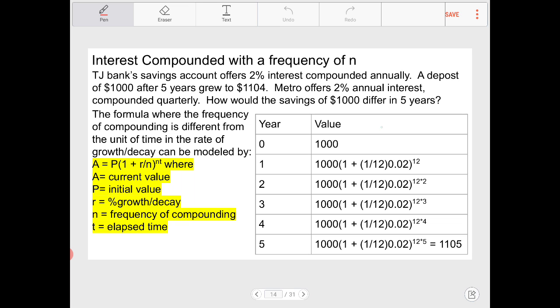Before, we had P times 1 plus r to the t, where r was the interest rate, let's say some percent per year, and t was also in the unit of years. If you look at this now, 12 times 2, 12 times 3, 12 times 4, what is that? This would be 24, is it years? It's actually months.